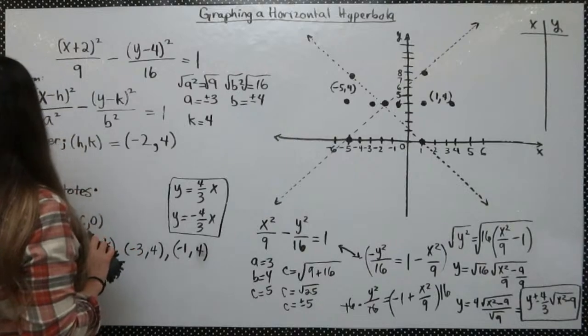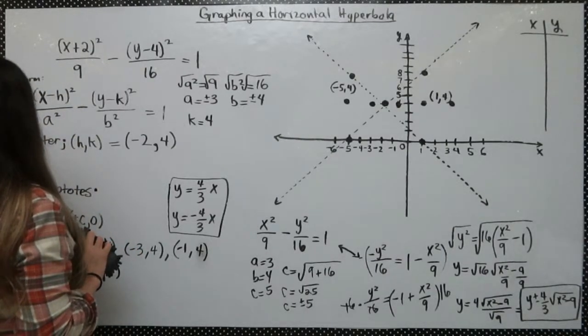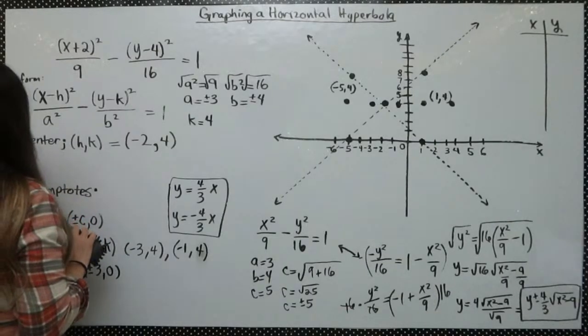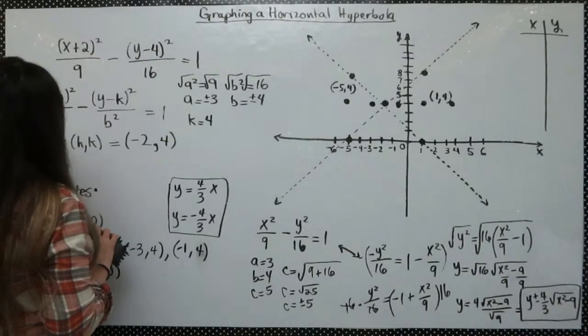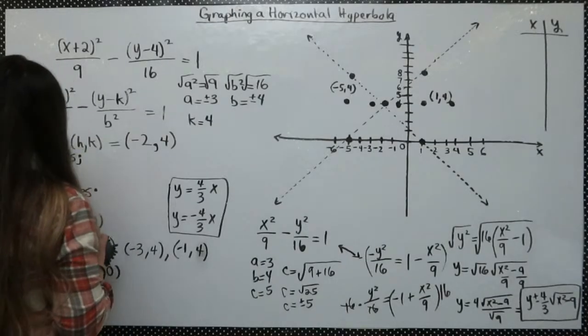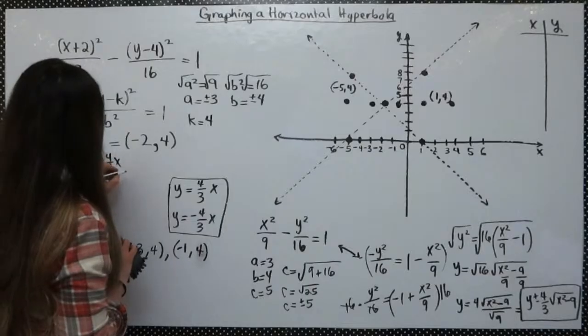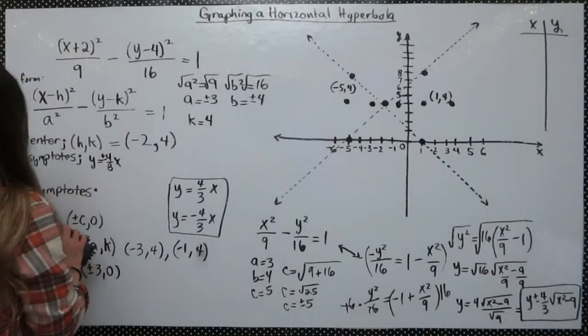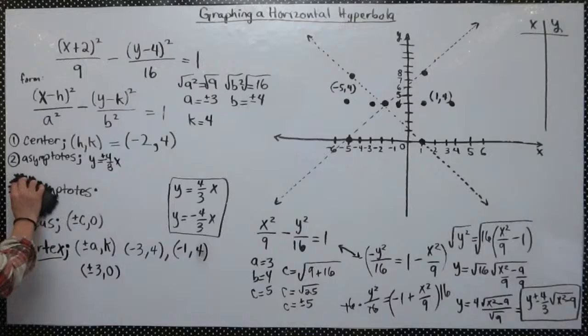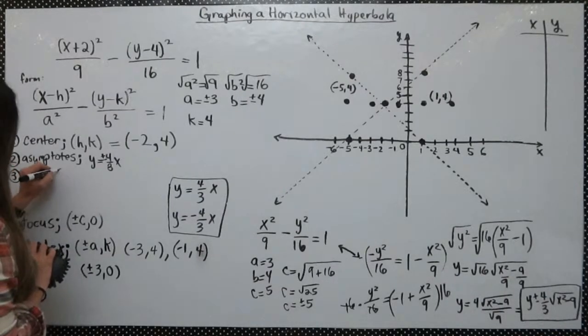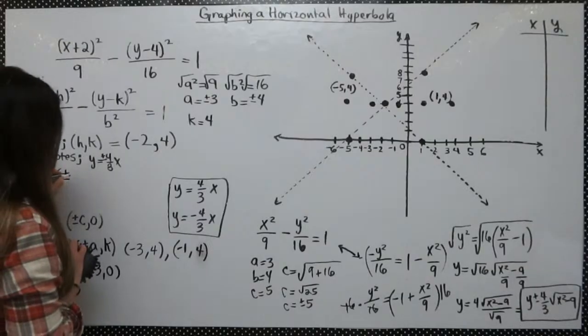So I have 1 center, 2 the asymptotes, that y equals 4/3 x plus or minus 3, the focus, that plus or minus c.